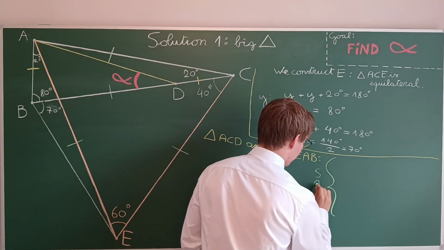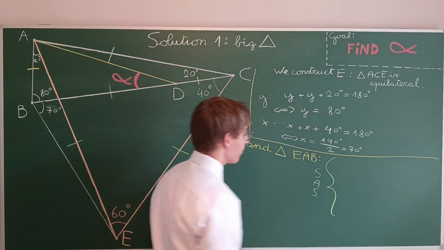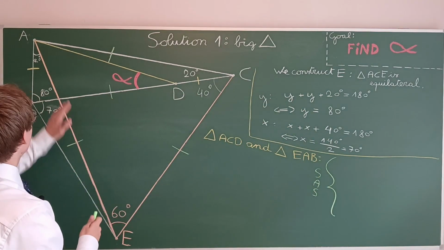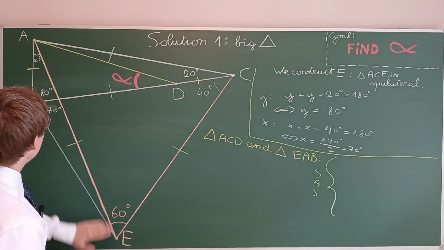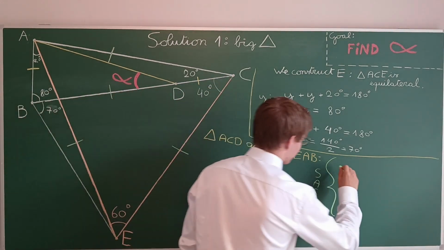So first, AC is equal to EA by construction.